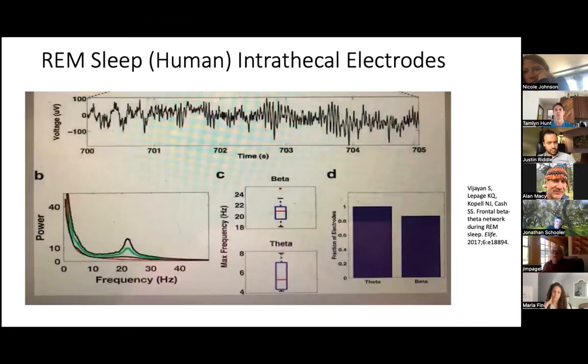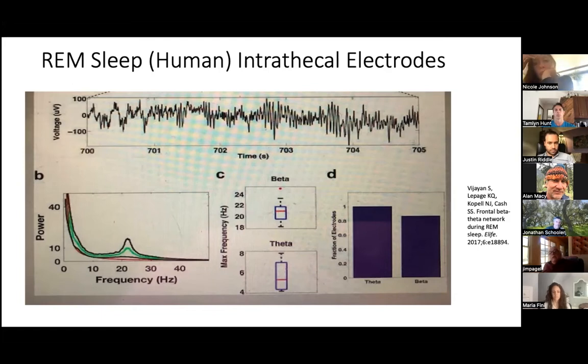But if you take a human and you get this rare situation where you can put electrodes inside the brain, and these are studies that have been done, I haven't done these, but labs that do surgery for seizure disorders will often implant electrodes in the brain and leave them there. This is an NIH study which compiled data from multiple studies of intrathecal electrodes in humans. And it turns out that in the human, REMs is an incredibly synchronous state.